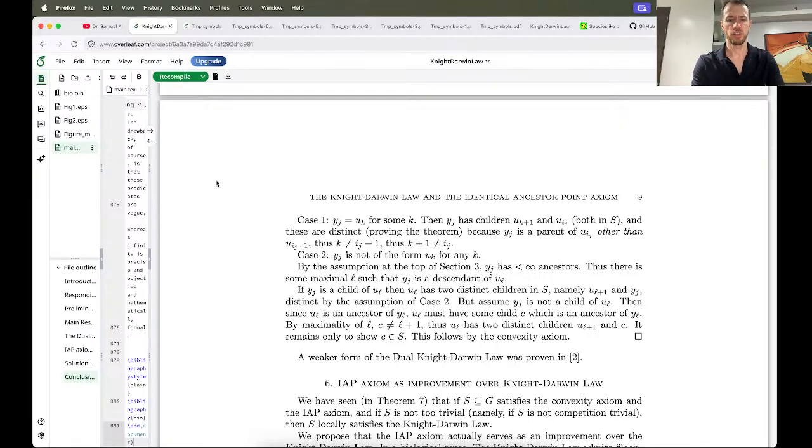If Yj is a child of Ul, then Ul has two distinct children in S, namely Ul plus 1 and Yj, distinct by the assumption of case 2. But assume Yj is not a child of Ul.